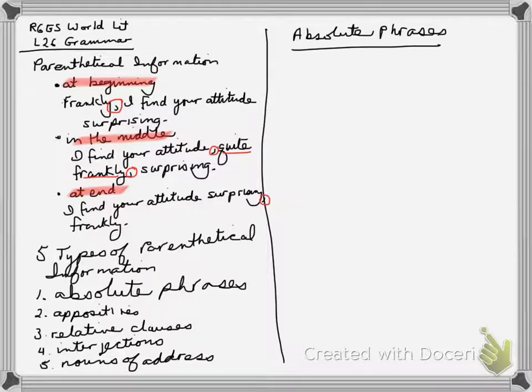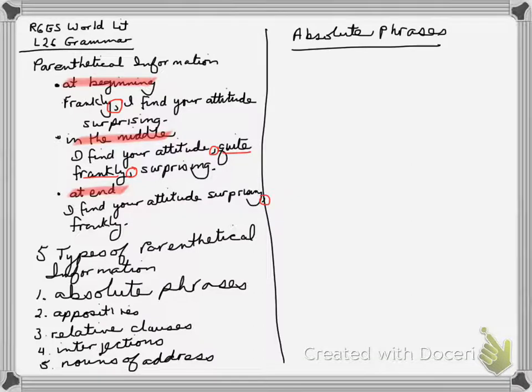We'll start with absolute phrases. An absolute phrase, sometimes known as an absolute construction, we'll use the first term, absolute phrase, is usually made up of a noun or pronoun and a participle, along with any modifying information.